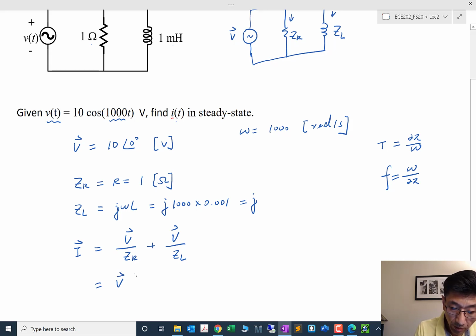The V is, actually I can put numbers in. V is a 10 times, so 1 over Z sub R, 1 over 1, that's the 1, plus 1 over j, that's a negative j, right? So therefore we have 10 times 1 minus j. 1 minus j, we would like to convert this to the polar form.